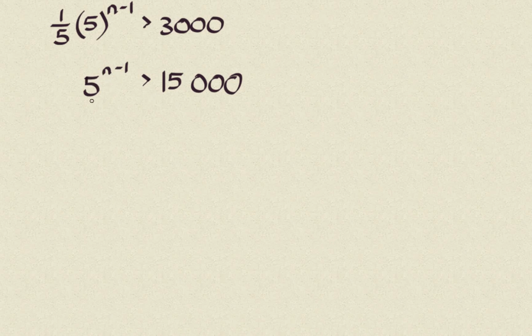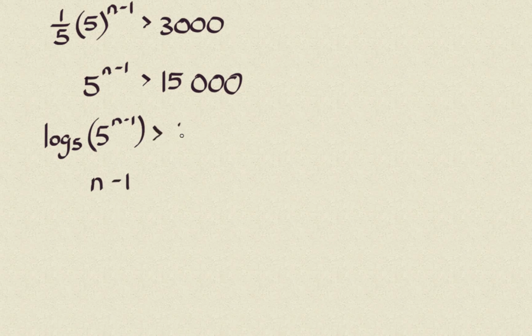Well, we're dealing with an exponential of base 5, so we are going to take the log of base 5 of both sides. So if we take log base 5 of the left-hand side, the log base 5 and the exponential base 5 cancel out to leave us with just n minus 1.